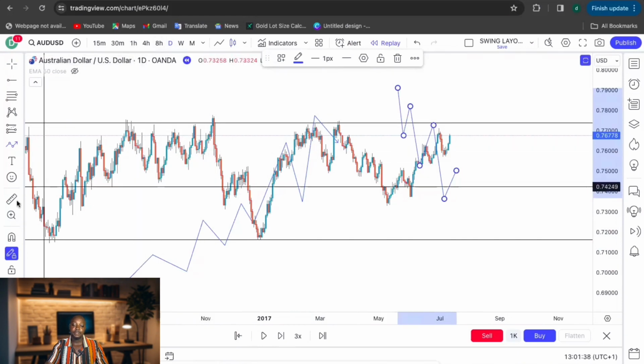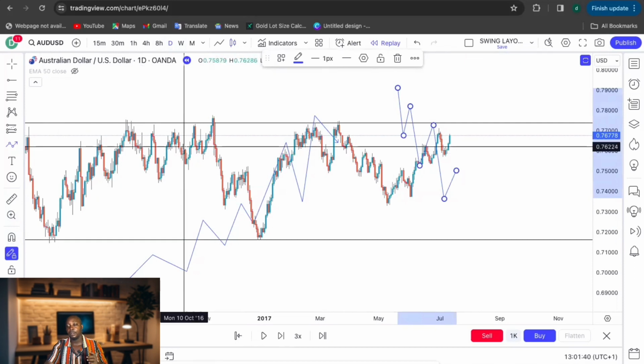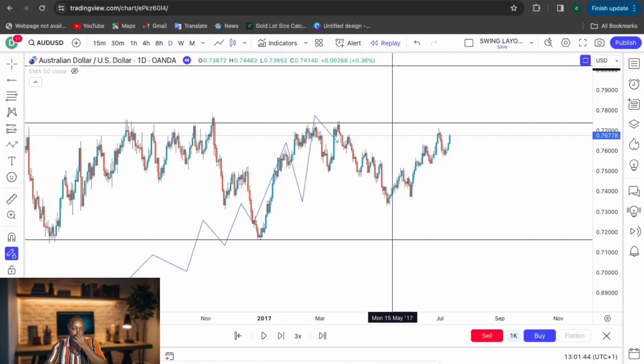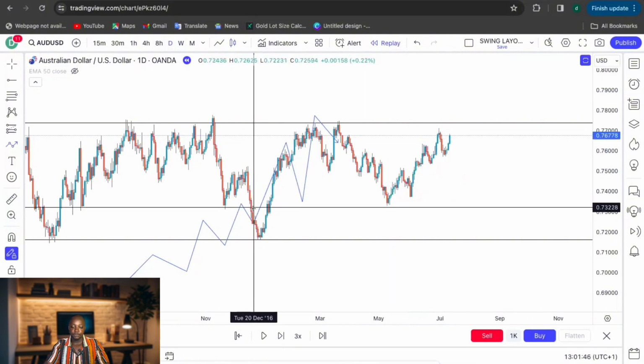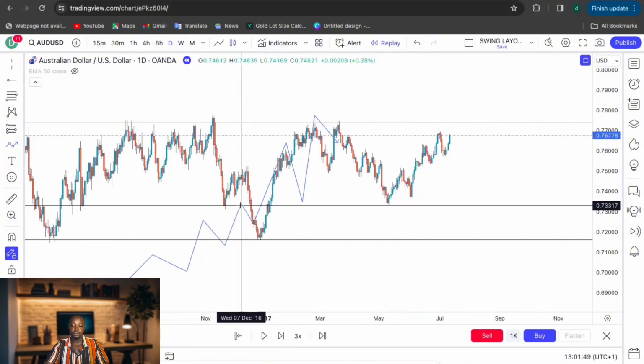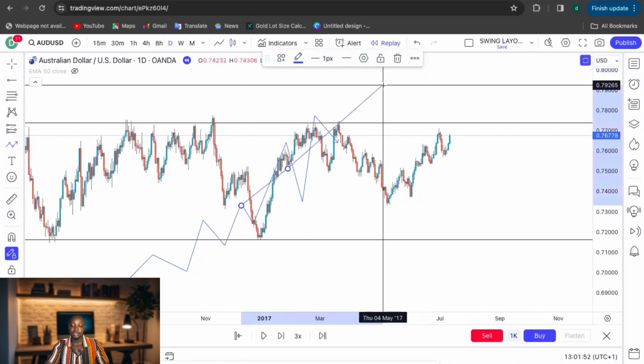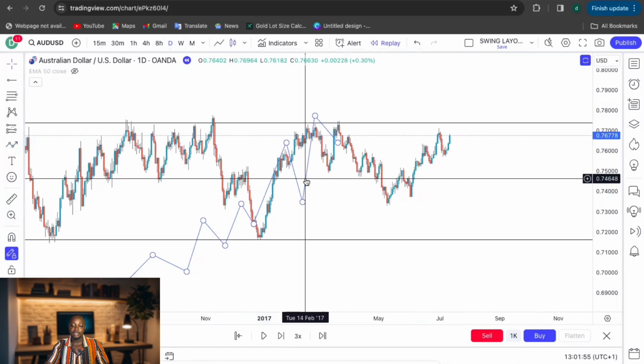Now on the lower time frame, you can get trends, but we'll talk more on that when we get into strategies and stuff. But the first thing you need to know is how to identify a trend, and this is the easiest way.